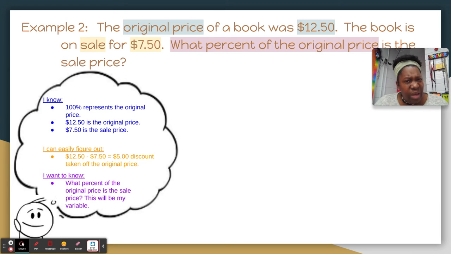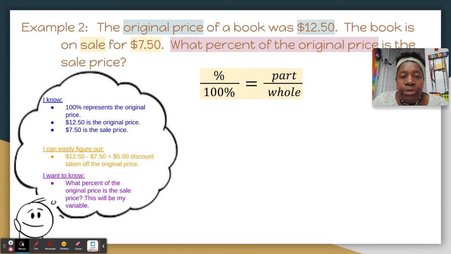And then what I want to know is what percent of the original price is the sale price. I'll let that be my variable. So the first thing I'm going to do is write my percent proportion. Percent over 100% equals part over whole. And then I'm going to start plugging in numbers where they go. Well, I don't know the percent that represents my sale price, so I'm going to use a variable for that.